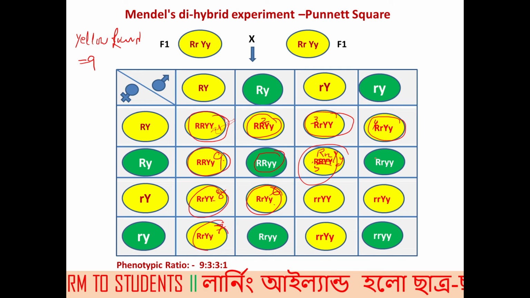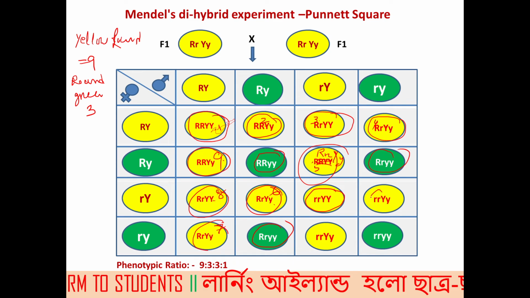Again if I see this, round and green, this is round and green, because you see capital R but small y is the green, capital R is the round. So round and green are 3. Again this is the wrinkled and yellow.